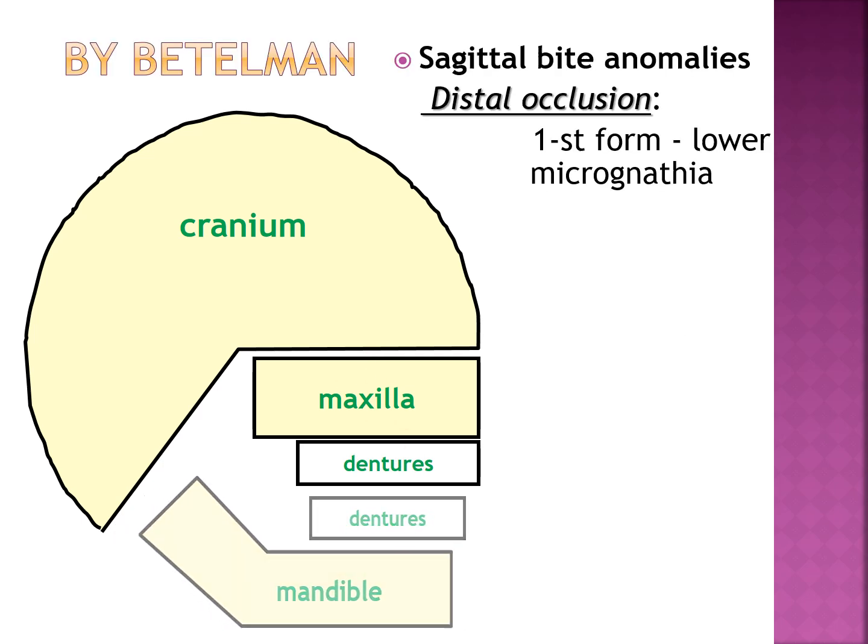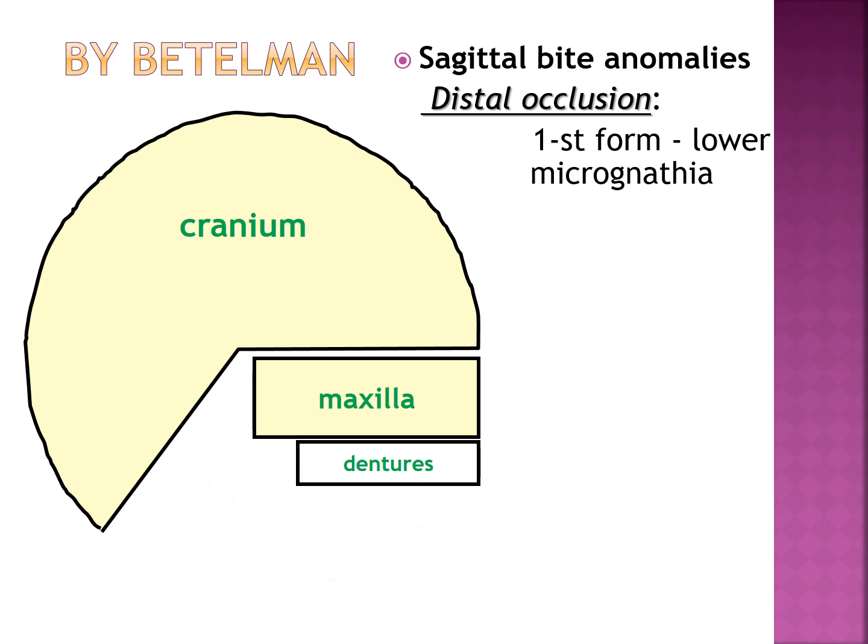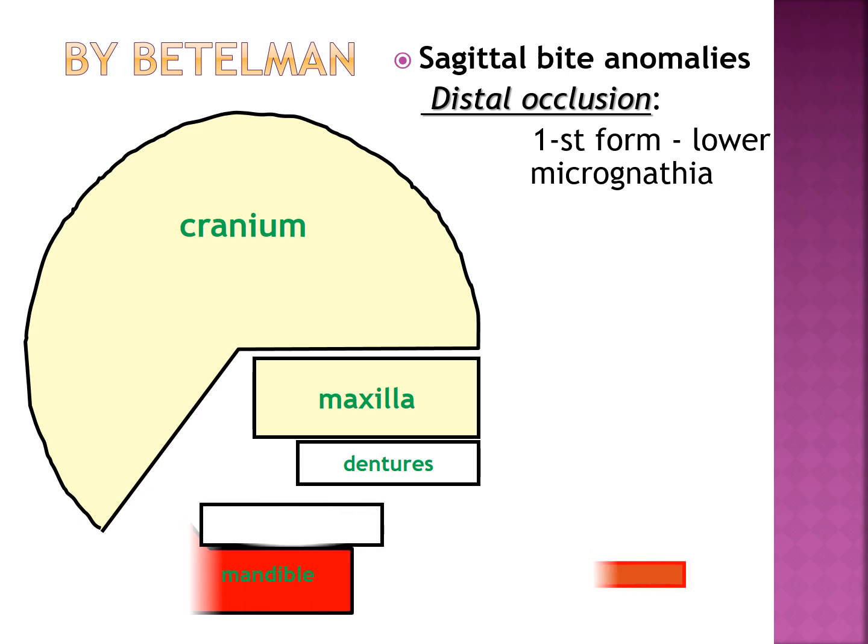But according to Bettelman, distal occlusion of first form, lower micrognathia, is caused by distal position of lower jaw.